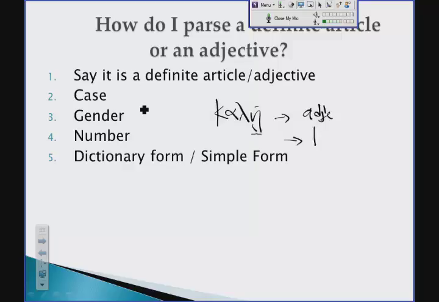It's a dative. Number or gender. Okay, then it's feminine, and then it's singular. Of what? What is the dictionary form of that? We're talking feminine, remember? It will be kalē. Okay? What does it mean? Good.